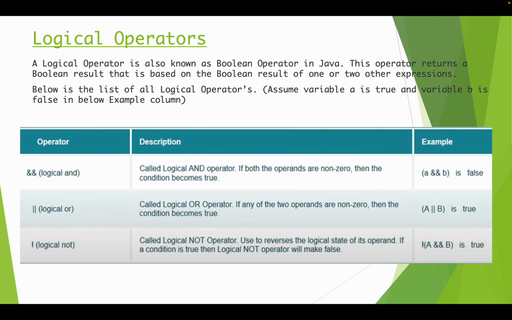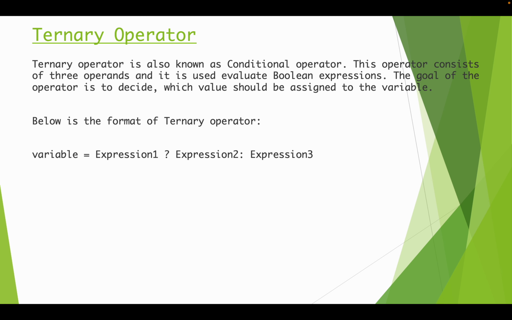And the next one is logical operator. This is also known as a Boolean operator, and it returns a Boolean result based on the Boolean result of one or more expressions. So logical and, logical or, logical not. So these fall under logical operators. The next one is ternary operator.